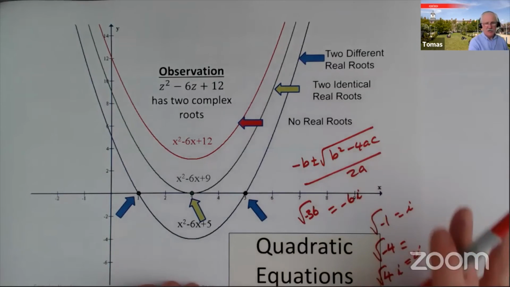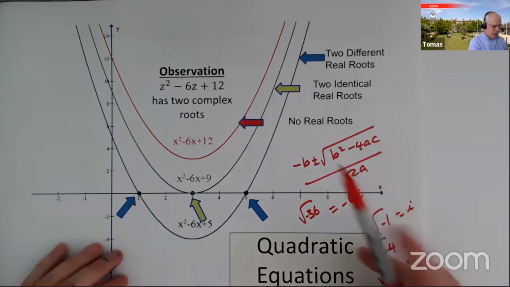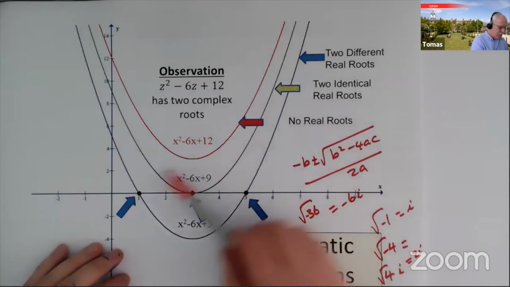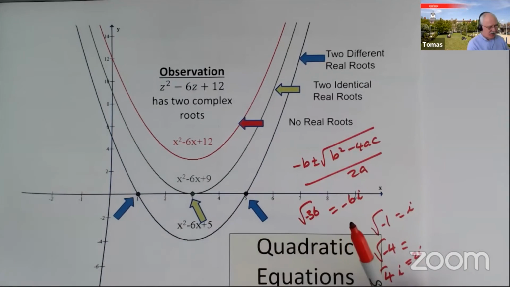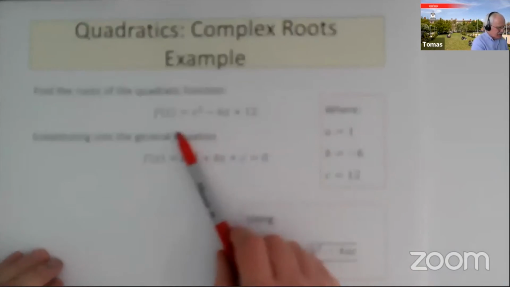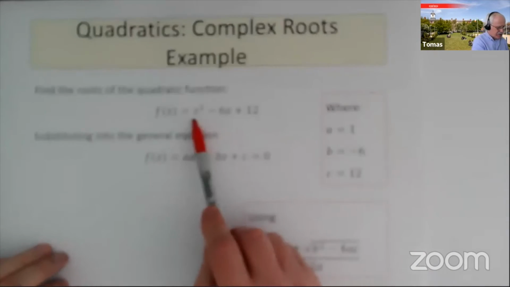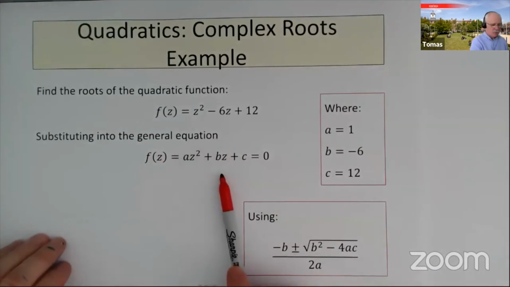Whereas in the junior cert, we would have said it's not working out. My calculator is showing an error. So this one here, while it doesn't have real roots, it will have complex roots. So, an example, here are the roots of the equation z squared minus 6z plus 12. Find the actual roots.